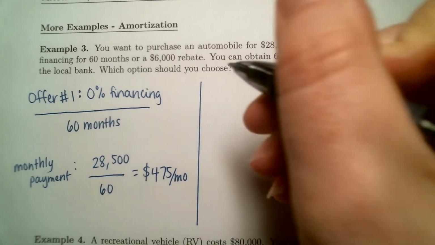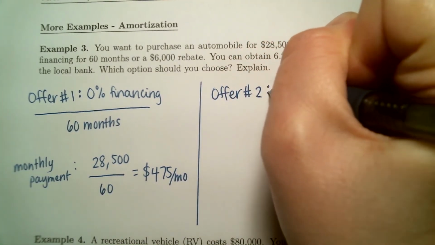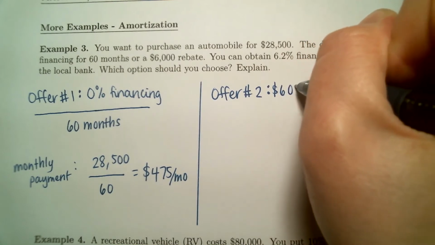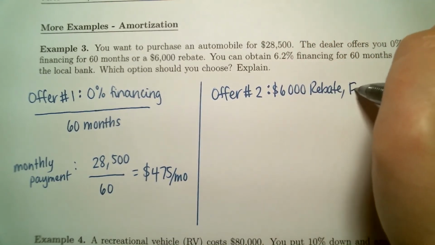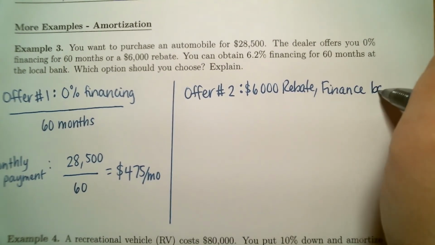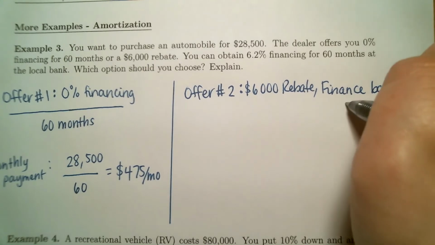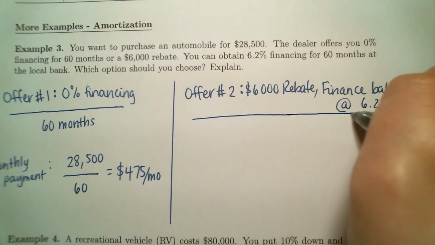So in offer number 2, you're going to get a $6,000 rebate, and then you would have to finance the balance at 6.2%. So let's try that.